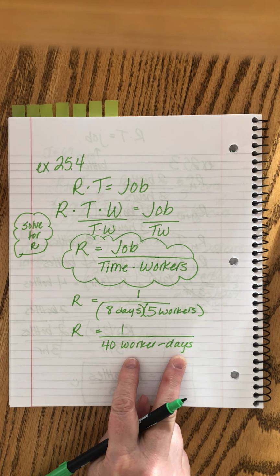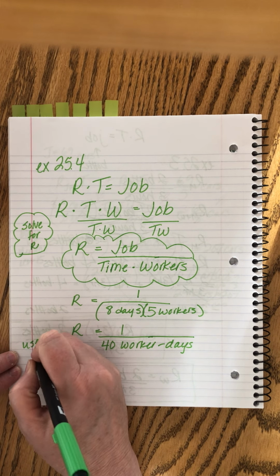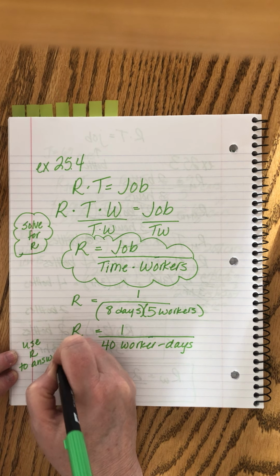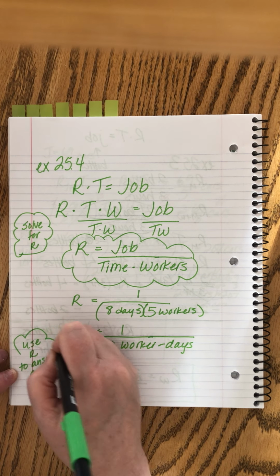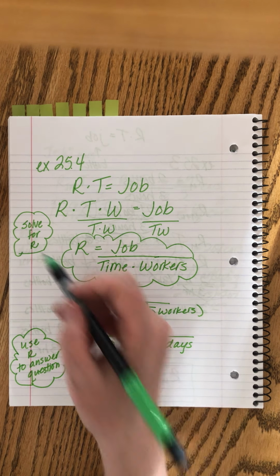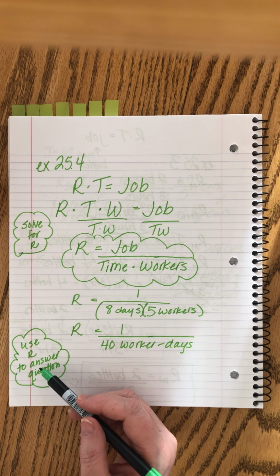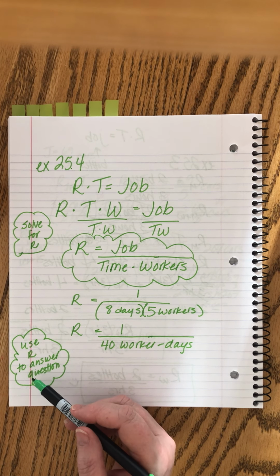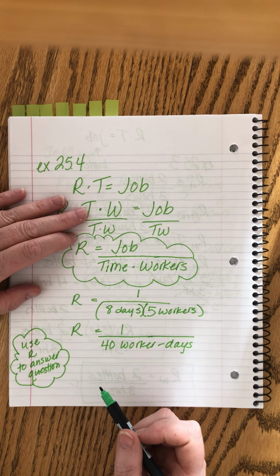All right. So John wants to know now how we can use R to answer his question. Okay, so that is a pretty common sequence of events for these problems. Solve it for the rate and then use that rate to answer the question. So now he wants to know what would it take to do 3 jobs in 7 days. So all we have to do is take, we know it's our rate times our time times our workers.